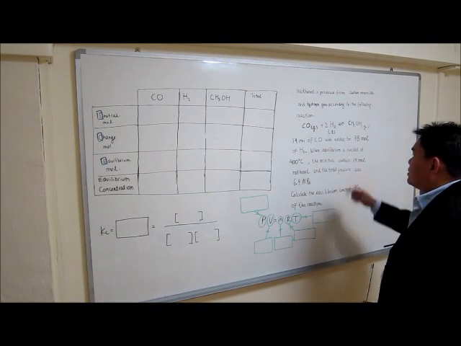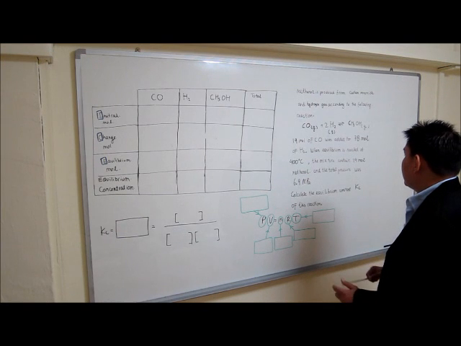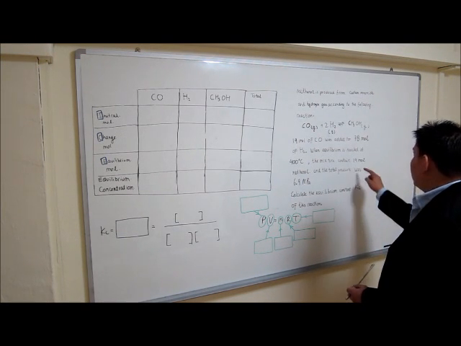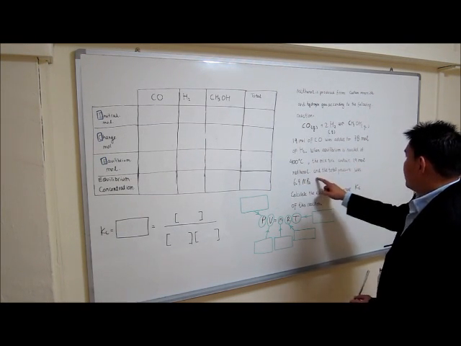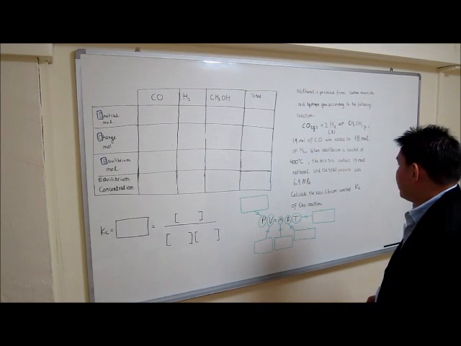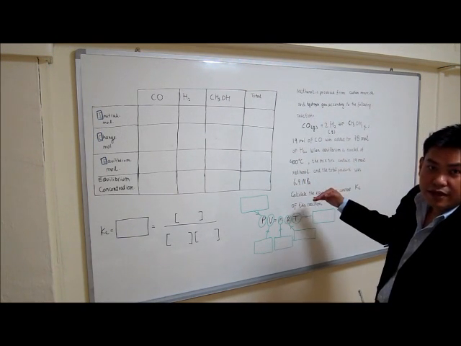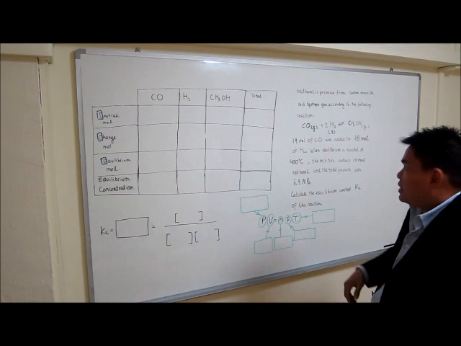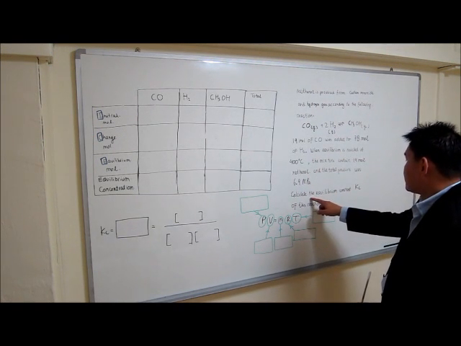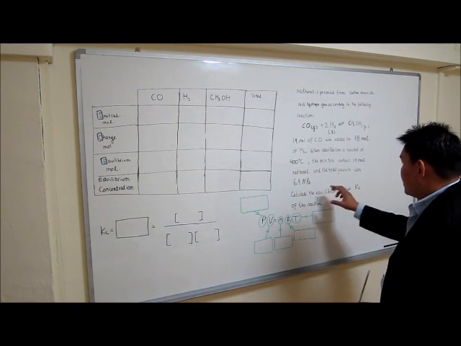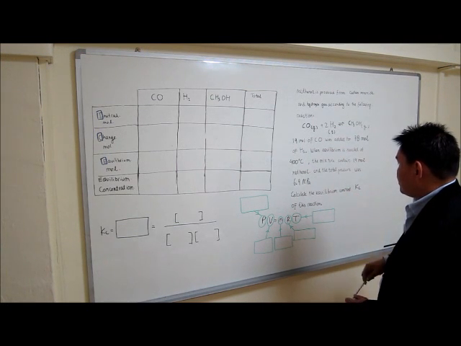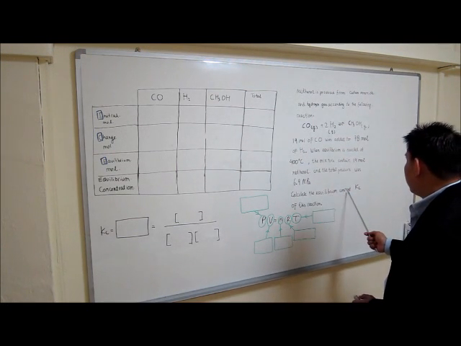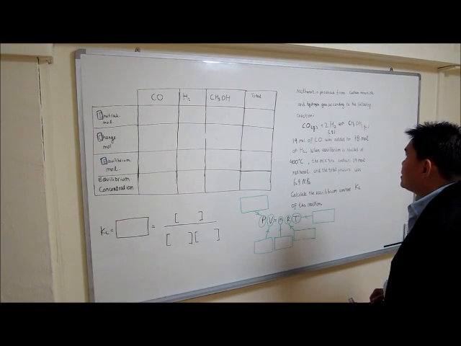When equilibrium is reached at 400 degrees Celsius, the mixture contains 14 mole of methanol and the total pressure is 6.9 megapascal. So up until here, the question is the same as yesterday's question. The last part asks you to calculate the equilibrium constant Kc of this reaction.